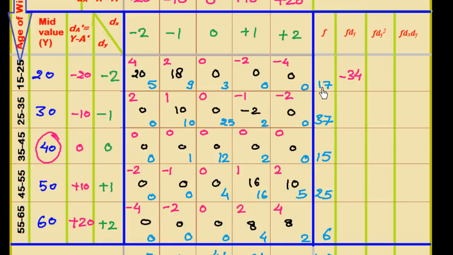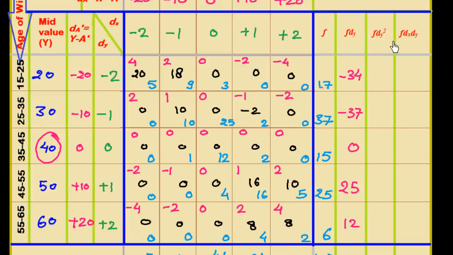We have to multiply this 17 with this minus 2. Next it is minus 37. This one is 0. This one is 1 into 25 is 25, and 2 into 6 is 12. We have got this.